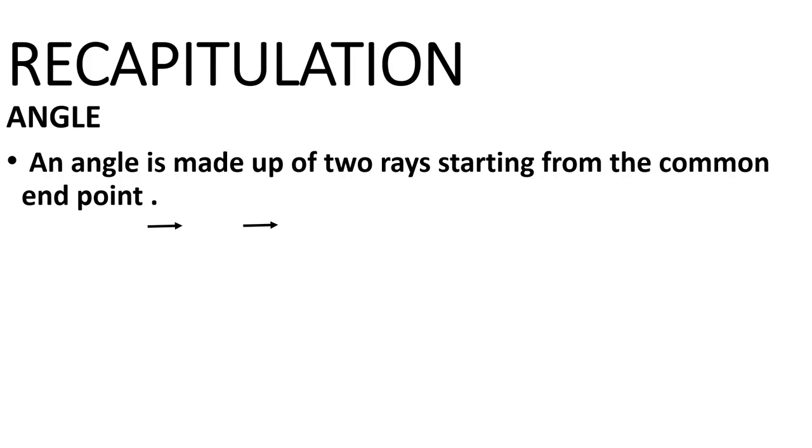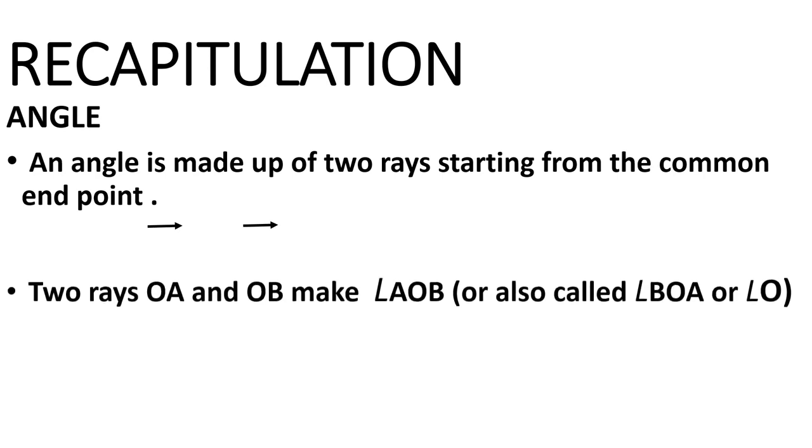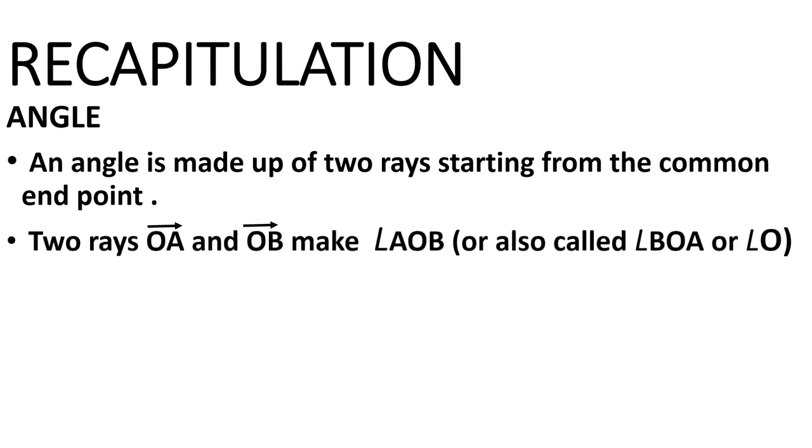One end point is common, and let the two rays be OA and OB. So it makes the angle AOB, because O is the common end point in both. The angle is called angle AOB, or we can write it as angle BOA or angle O also.